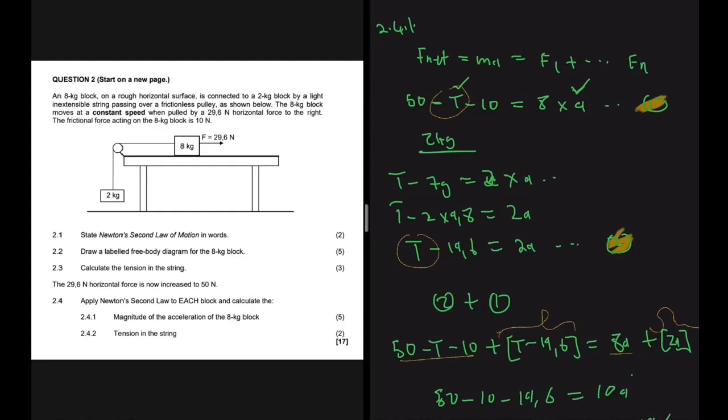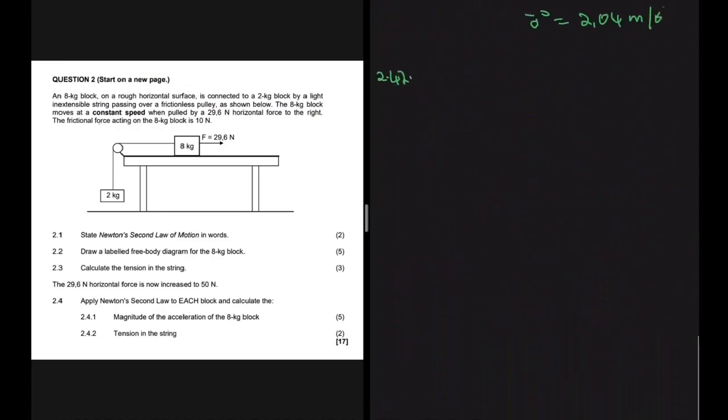The second equation looks a bit simpler. It's easy on the eye. It doesn't look as complicated as the first one. So let's sub into the second equation. So we have T minus 19.6 equals 2a. So T equals 2 times a, where a is 2.04, right?